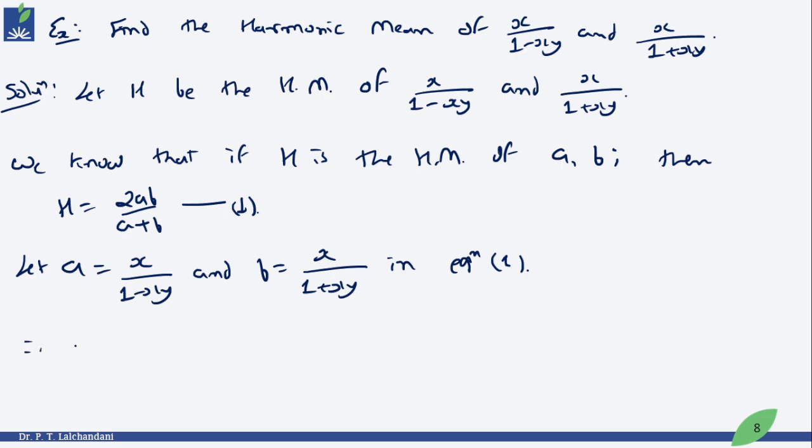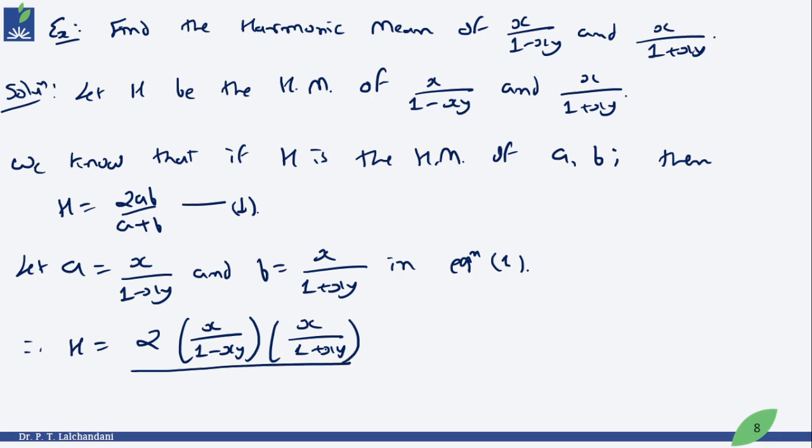So what we'll get, therefore, H is equal to 2ab. Now instead of a, x upon 1 minus xy, into x upon 1 plus xy, divided by a plus b. So it is x upon 1 minus xy plus x upon 1 plus xy.